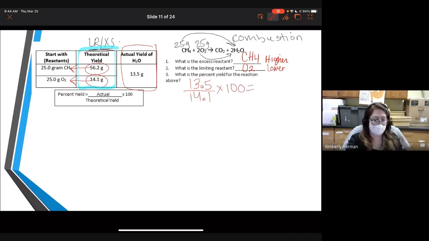So we need our calculator ready to go for it. So 13.5 divided by 14.1. So we get our decimal, then we're going to times it by 100. So we're going to round it to our nearest whole percent. So we have 95.7446885, nearest percent. So will 7 round 5 up? Yes.